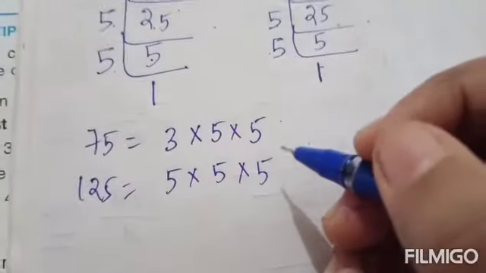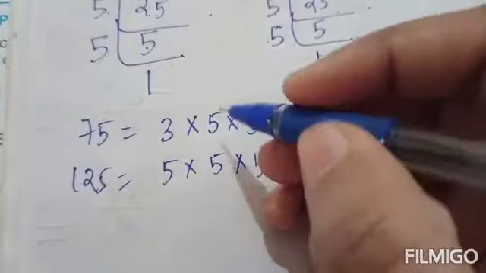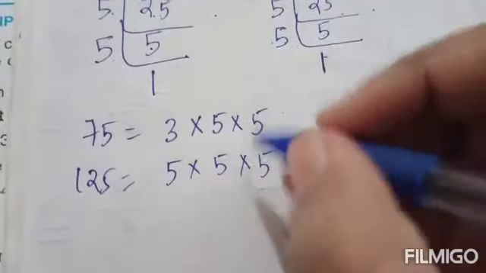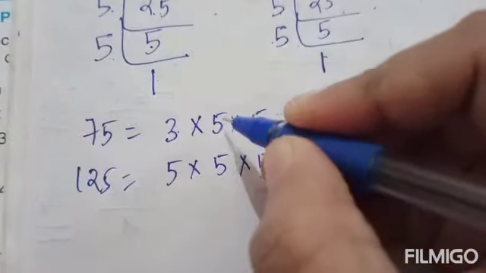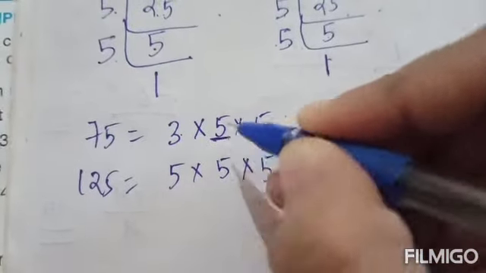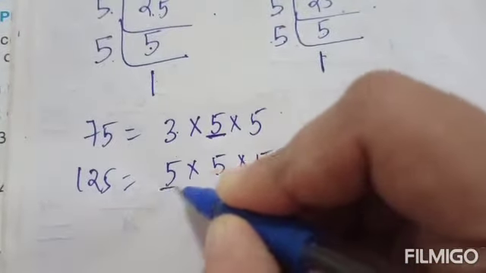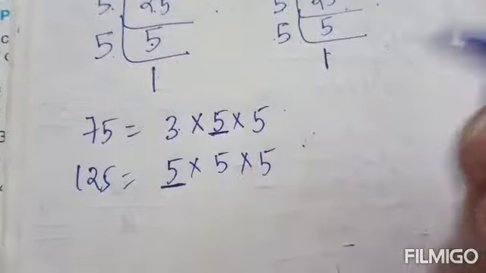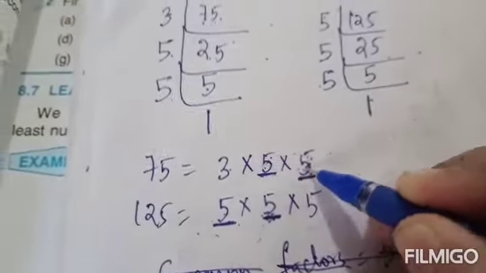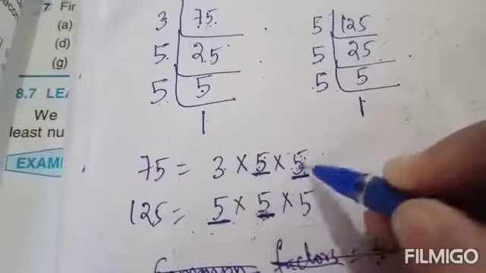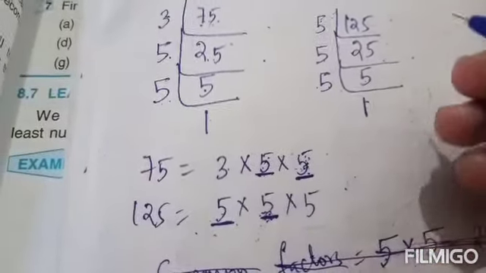Now what to do is pair the common factors. Okay, here 3 is coming, but here no 3. Here 5 is coming, so this 5 you can pair with one 5 from 125. Here you can see one more pair of 5. Okay, so that also you can take as a common factor.